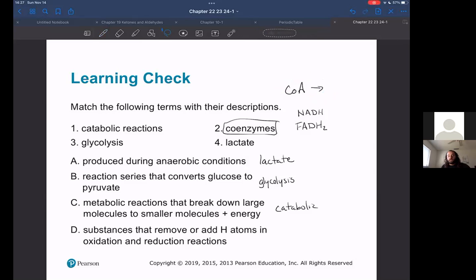Those all fall under this umbrella of coenzymes. But we're not going to worry about their structure or anything like that. So this would be coenzymes. And again, the coenzymes are used to catalyze oxidation reduction reactions, and furthermore, more importantly, are used in later metabolic steps to create ATP. So the CoA again goes to acetyl-CoA.